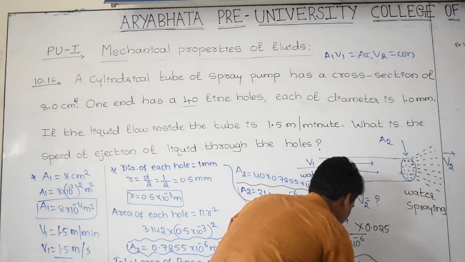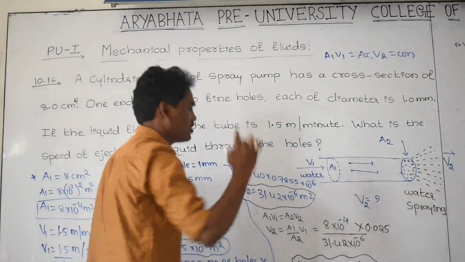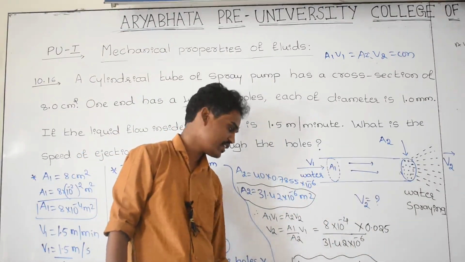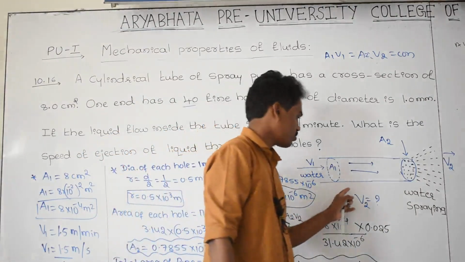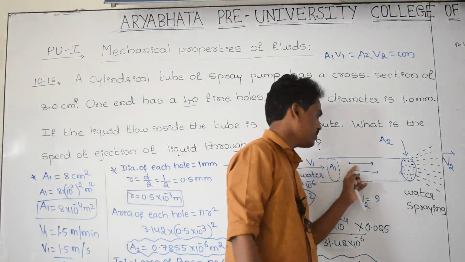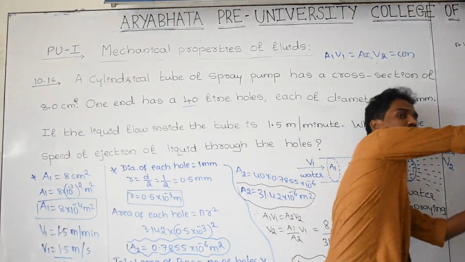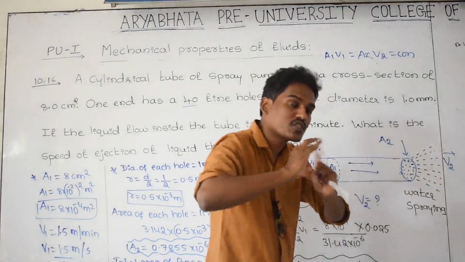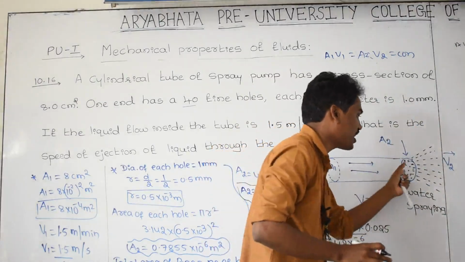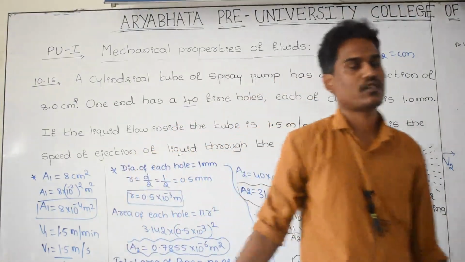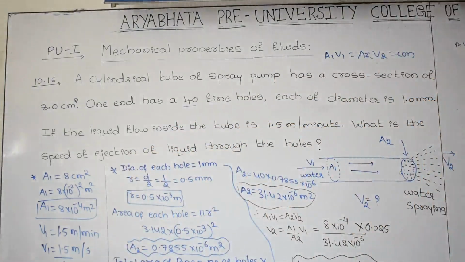This is V2. Check the answer yourself. You should get this much magnitude. The water enters inside the pipe through the 40 holes. At the other end, the water is spraying like this. With how much speed do the water particles spray from the pipe? This much speed. Please note down and check the answer.